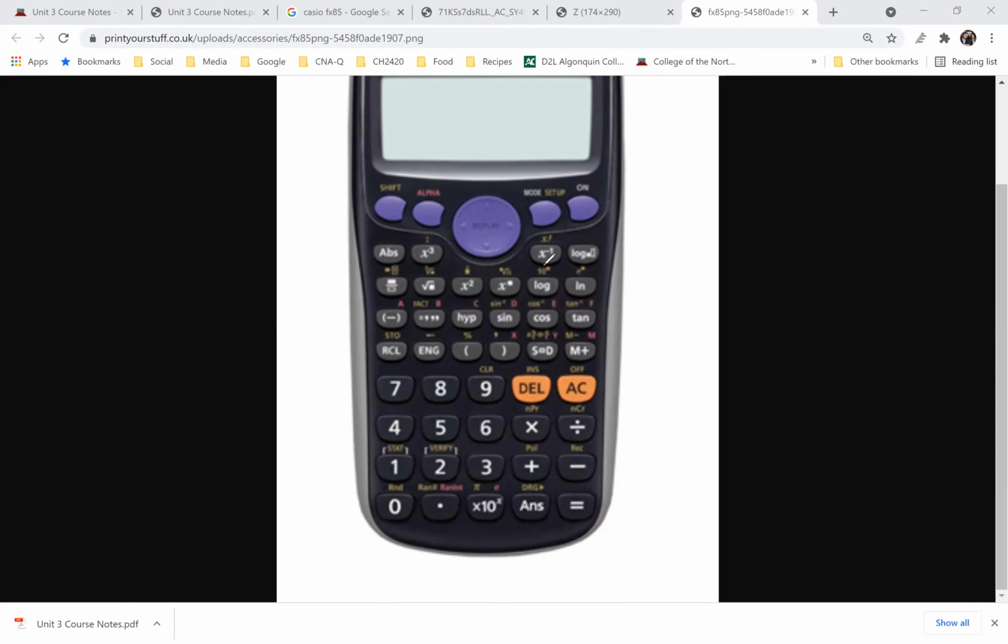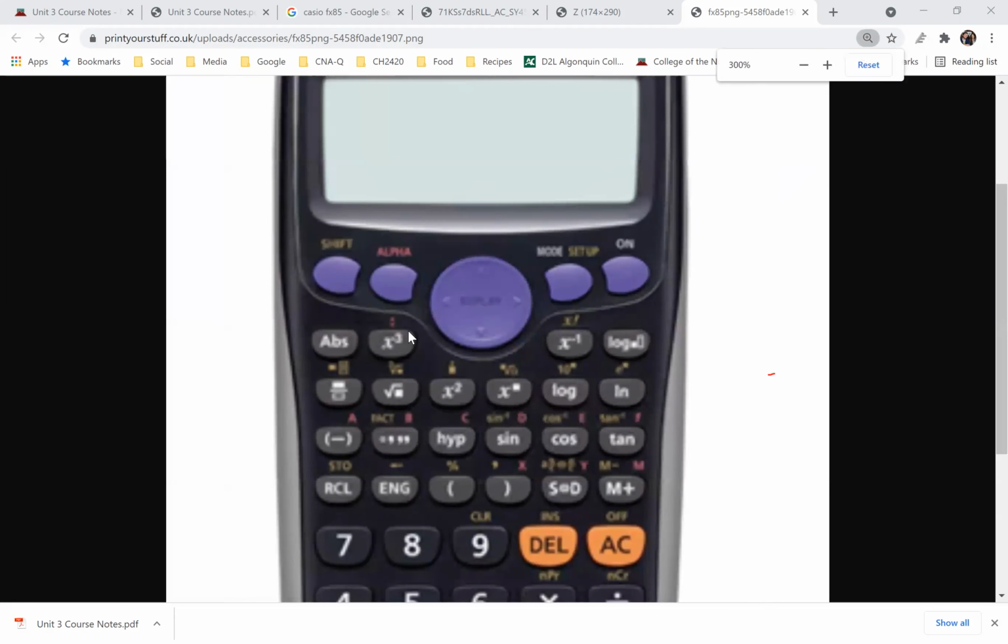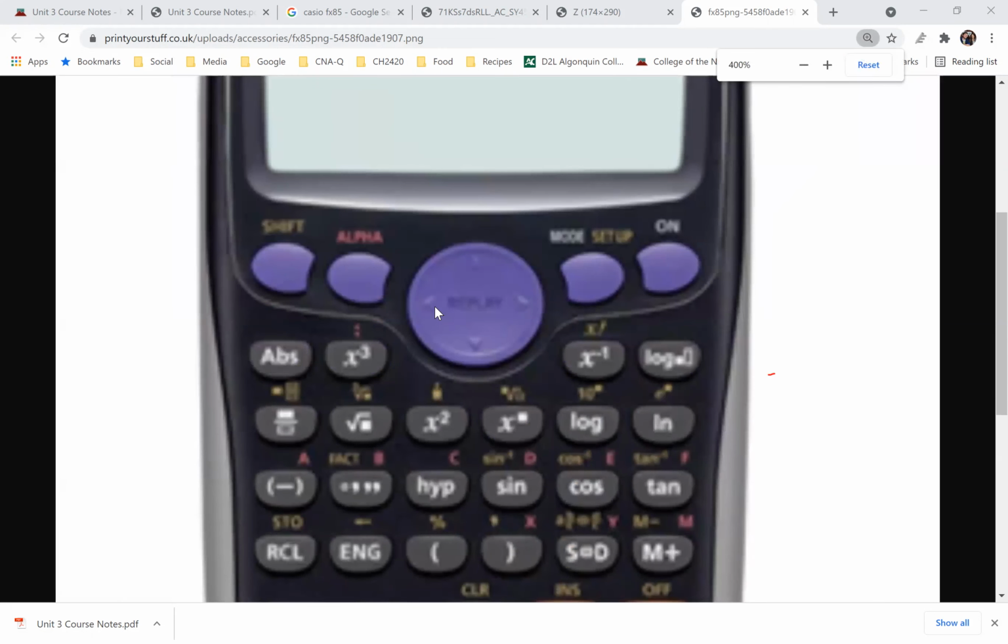This button right here will create x to the power. I can't really zoom in because the picture's so blurry, but you can almost see it.